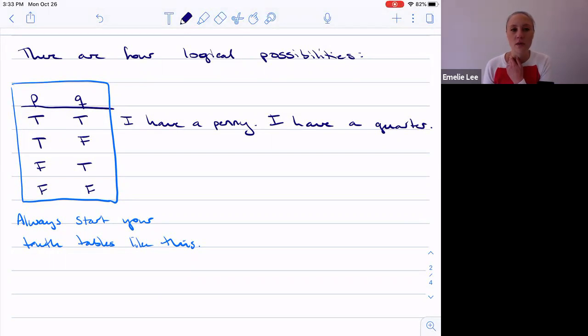Okay. So we're not going to make fancy sentences here. In fact, notice that I'm not joining them up with an and because I don't have the and in there quite yet. We're not there yet. But if P is true and Q is true, I have a penny, I have a quarter. That's the situation that's going on here, if both of them are true. And then, of course, if P is true, then I still have a penny.